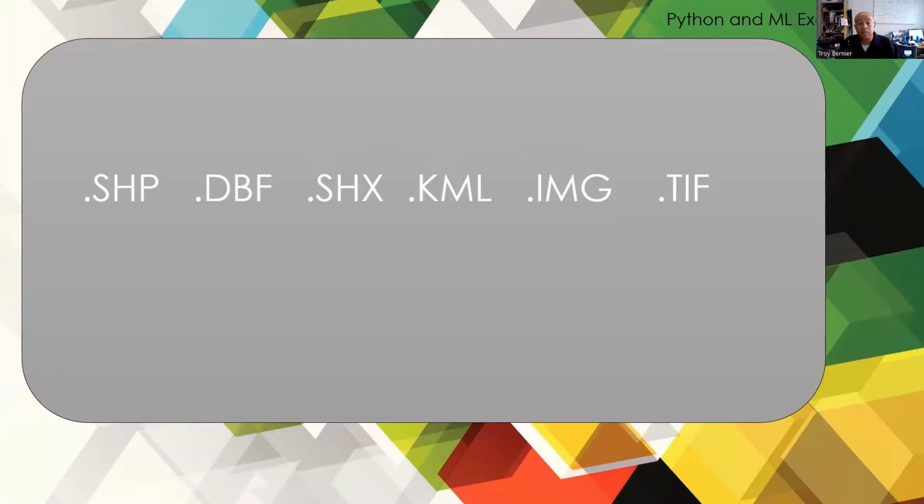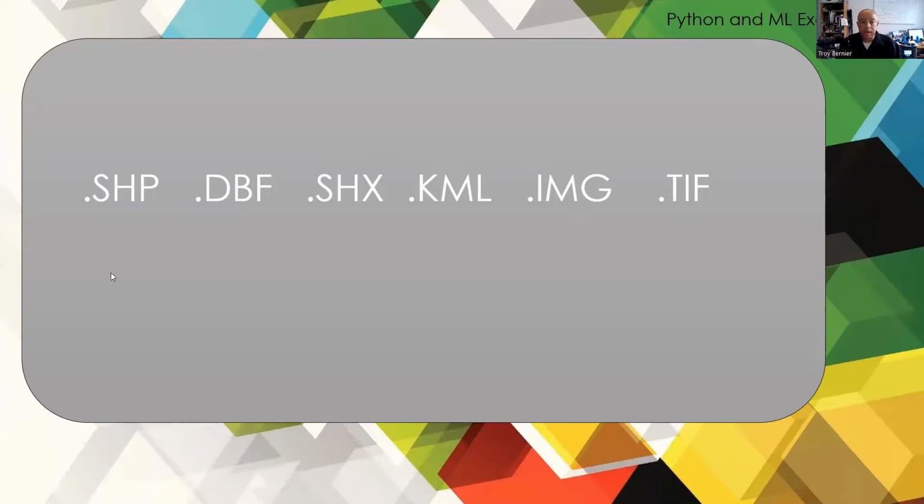KML stands for Keyhole Markup Language. There's also a KMZ, which is a zipped version of that. It's a GIS format, which is XML based and is primarily used on Google Earth, which is pretty cool because if you have those files, you could just drop them into Google Earth and it will automatically project that spatial data set on your Google Earth, which makes it very, very simple to use.